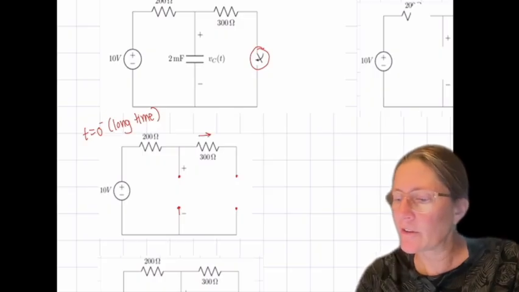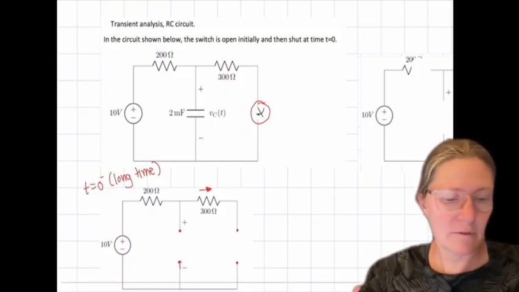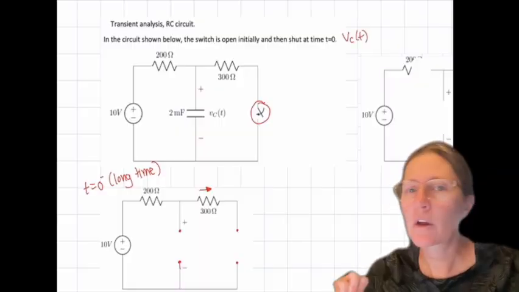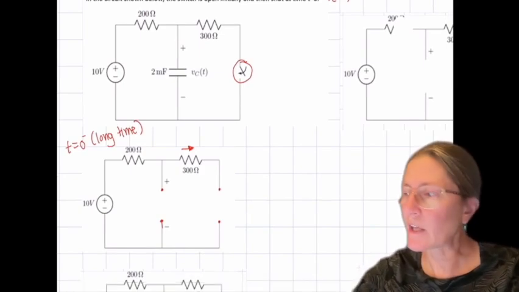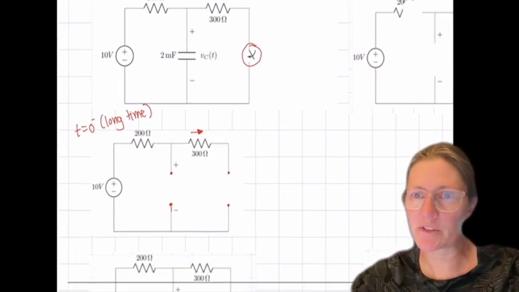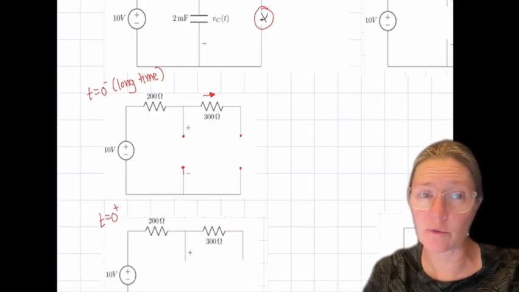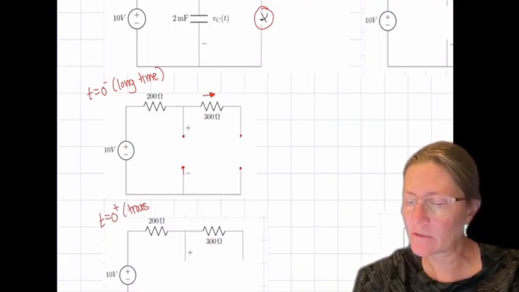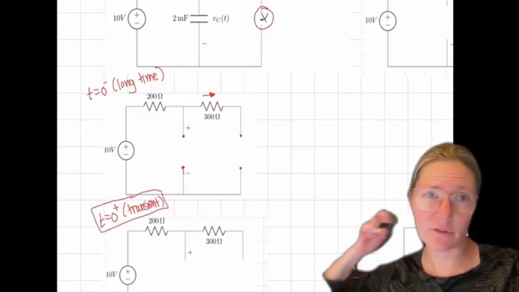As we look at this, we are trying to find Vc of t. Remember, the initial time is actually at the change, so 0 plus, and this is going to be your transient model, where you model the capacitor as a voltage source.